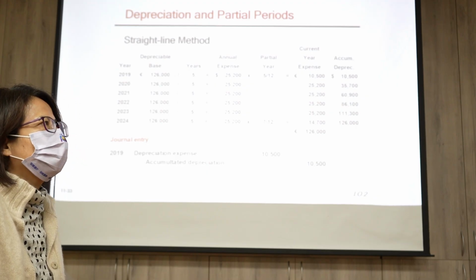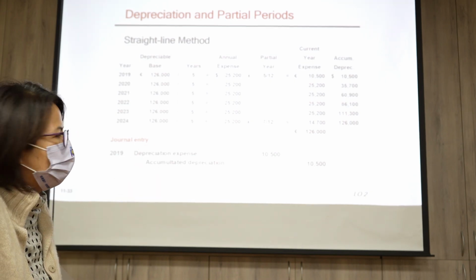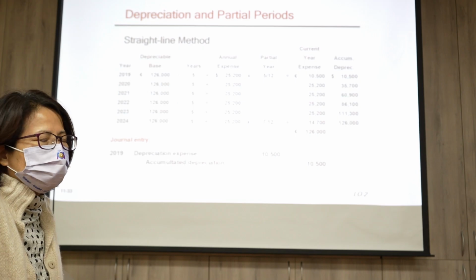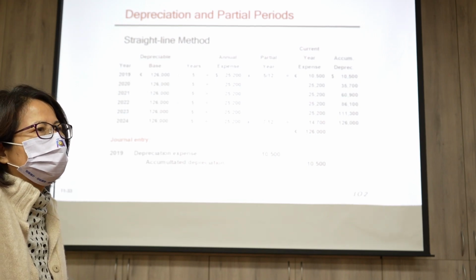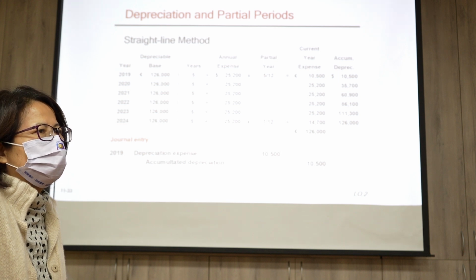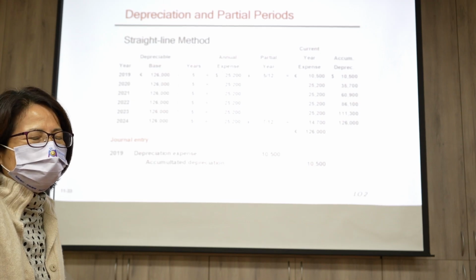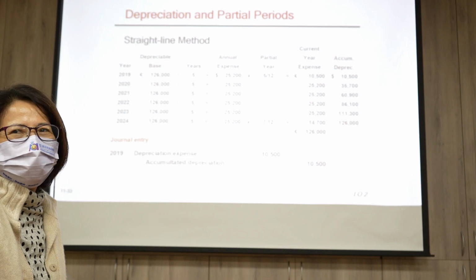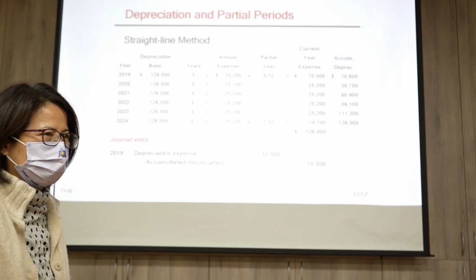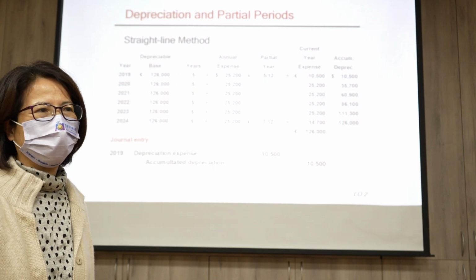Because there is a salvage value, in this case 24, you can do depreciation until the 24,000 is taken off. If the machine is still usable, then you keep using it, and you don't do the depreciation because all the cost is already moved to the expense. That is the idea.